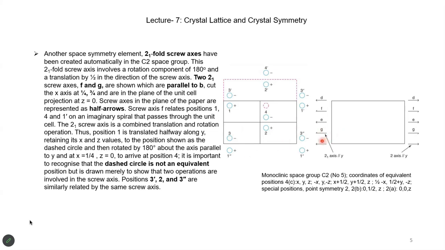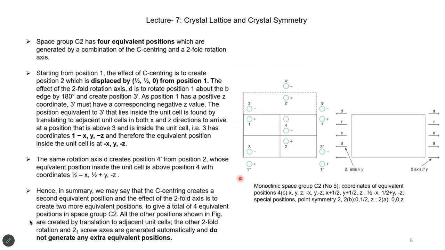Okay. Next, in summary, we say that the C2 space group covers 4 equivalent positions, which we showed here, due to two-fold rotation, and then automatically displayed some other equivalent positions, which we showed here in point symmetry 2, 2b, 0, half, z, and 2a, 0, 0, z.